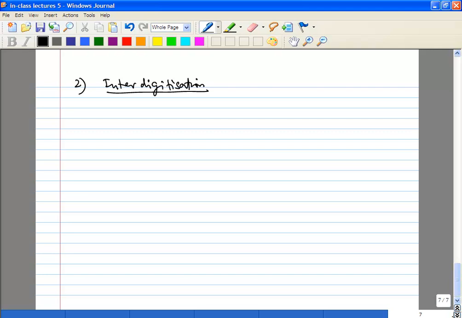Interdigitization. So let's take the case of a diff pair. So you have a common source.